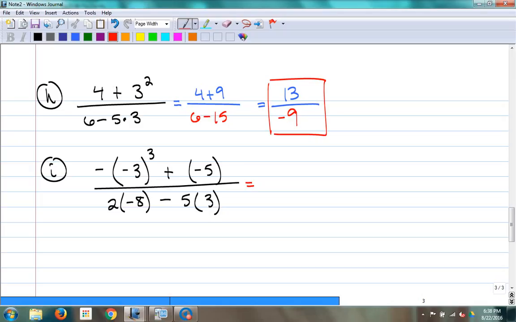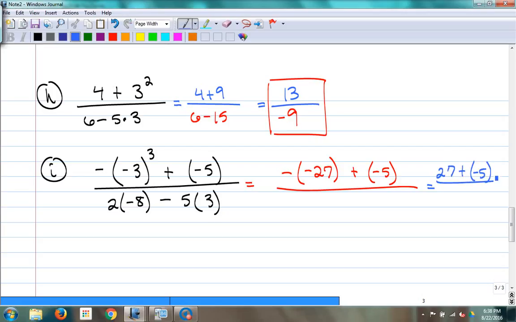So I'm going to take it step by step: there's that negative sign out in front. This turns into negative 27, and then that becomes positive 27. Positive 27 plus negative 5. Okay. And then we'll get that last step in just a second.